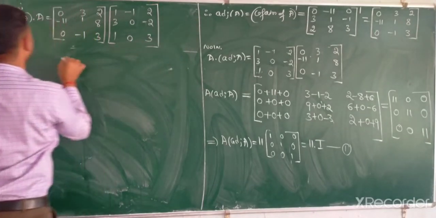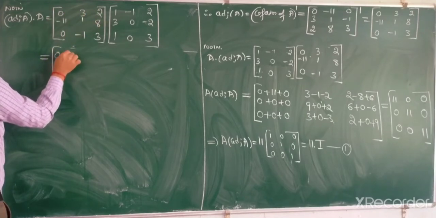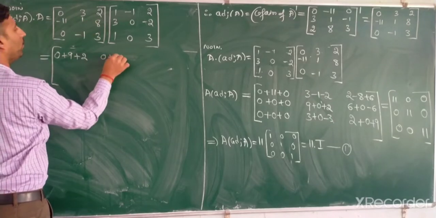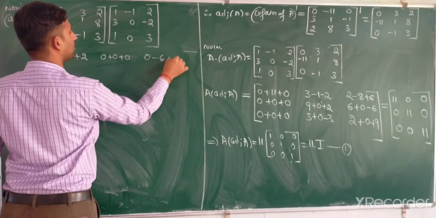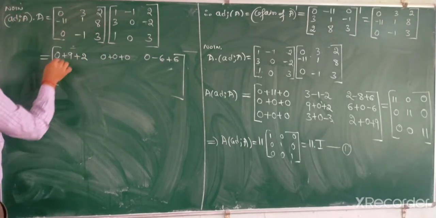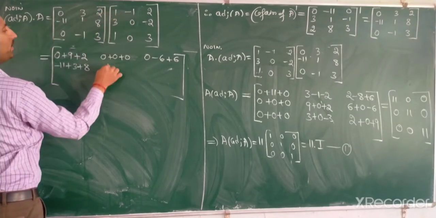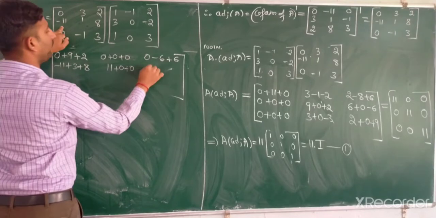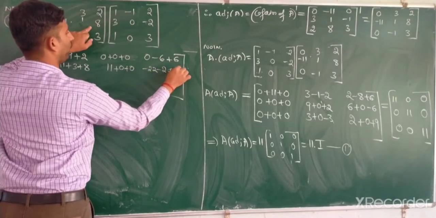Which is nothing but 0 into 1 is 0, plus 9 plus 2, 0 into minus 1 is 0, 3 into 0 is 0 plus 0, 0 minus 6 plus 6, 11 into minus 11 plus 3 plus 8, minus 4 plus 11 plus 0 plus 0, minus 22, 11 into 2 minus 2 plus 24, correct?